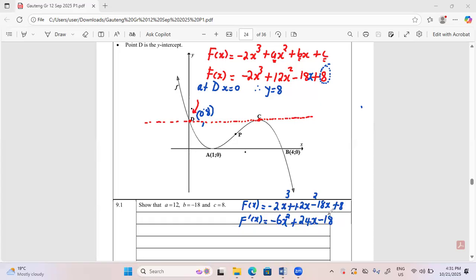So when you're looking for the coordinates of a turning point, you do the first derivative. Now, f prime of x, because at the turning point it is 0, we must equate it to 0. You now say 0 equals negative 6x squared plus 24x minus 18. Now, this is a quadratic equation which is divisible by negative 6.